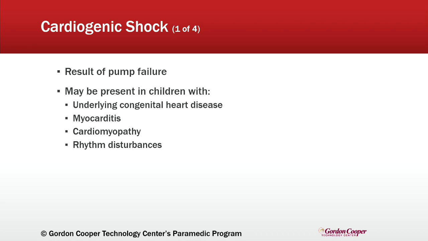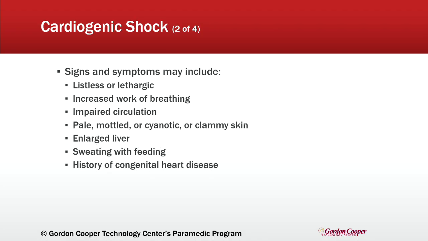Recognizing that we're dealing with cardiogenic shock is crucial, as its treatment is going to differ from that of hypovolemic or distributive shock. Remember, hypovolemic and distributive shock we're giving fluids to. Cardiogenic shock, we're not going to do that. We're going to handle that a little differently.